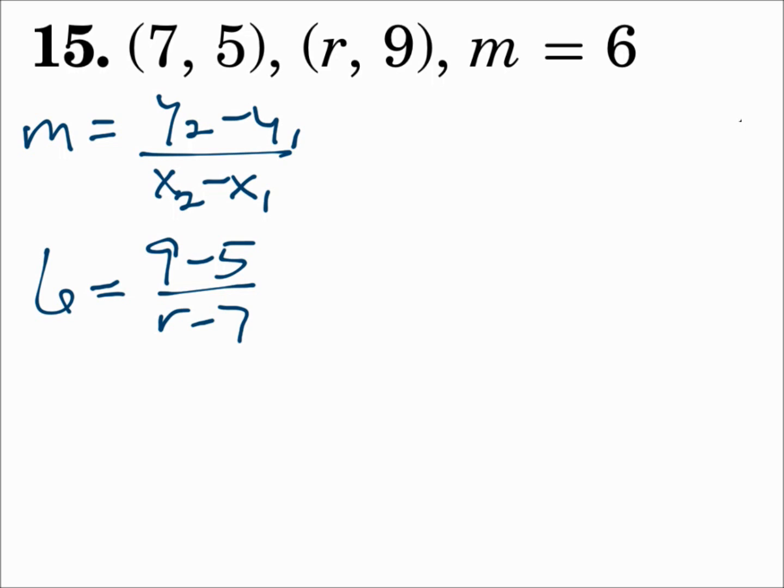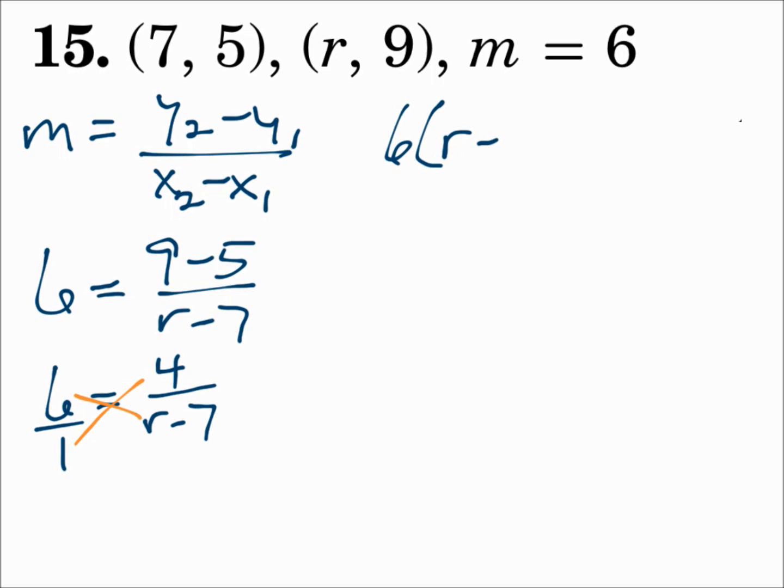Simplify that. 9 minus 5 is a 4. And then so we can cross multiply, let's put the 6 over 1. And it'll be 6 times r minus 7 equals 1 times 4. Remember to put the r minus 7 in parentheses.